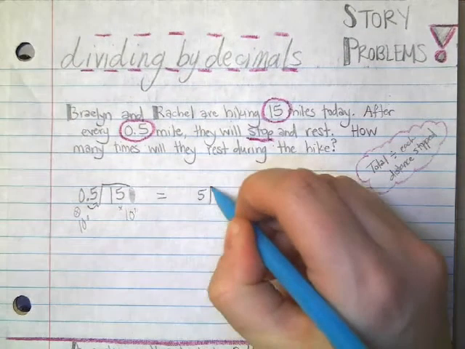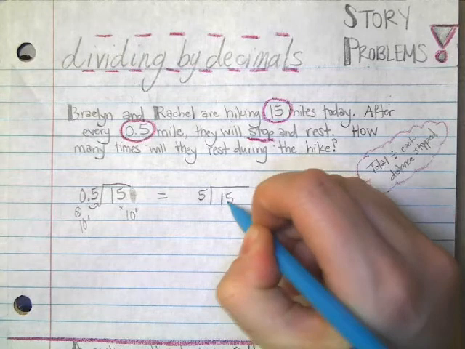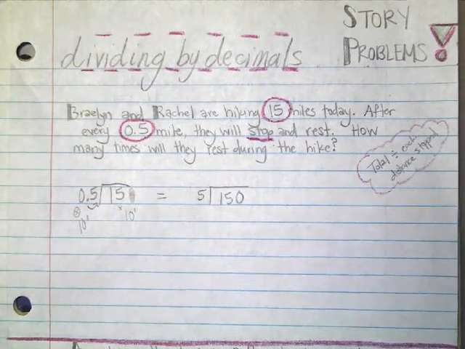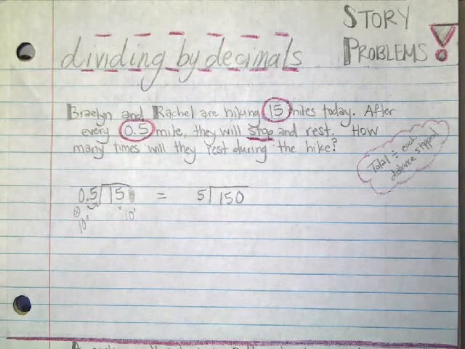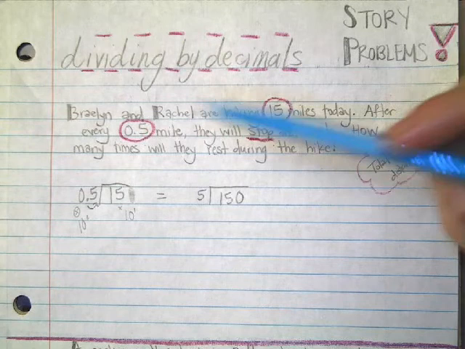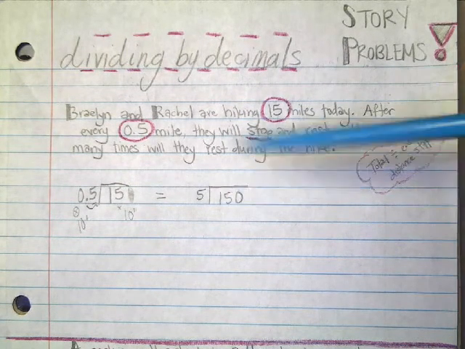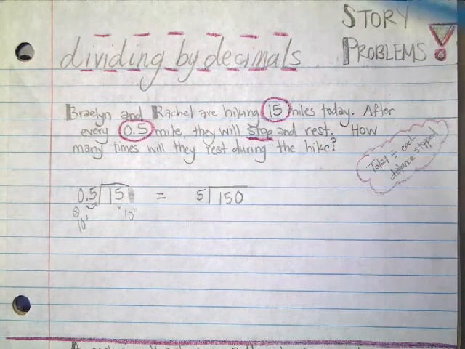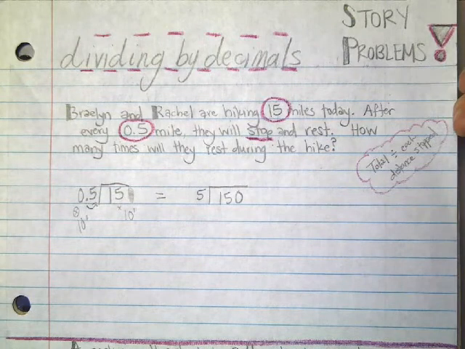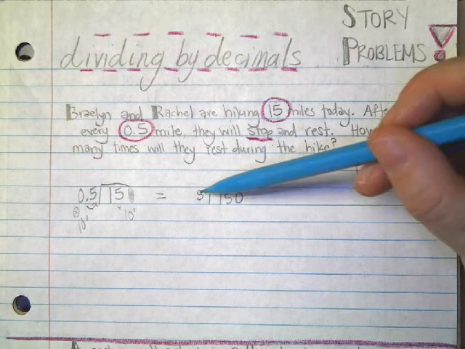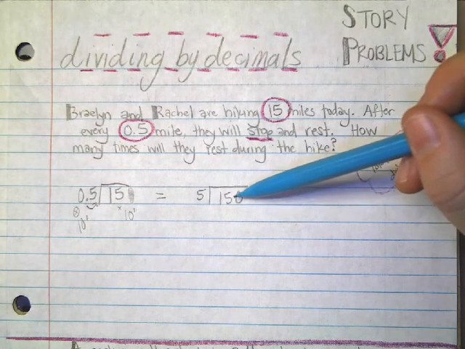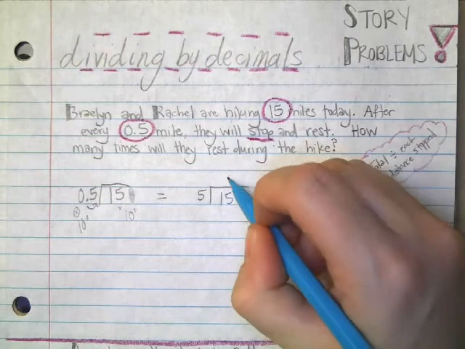So my new problem is 5 is the divisor and 150 is the dividend. What this is saying is this answer, 150 divided by 5, is the same thing as 15 divided by 0.5. Same thing.